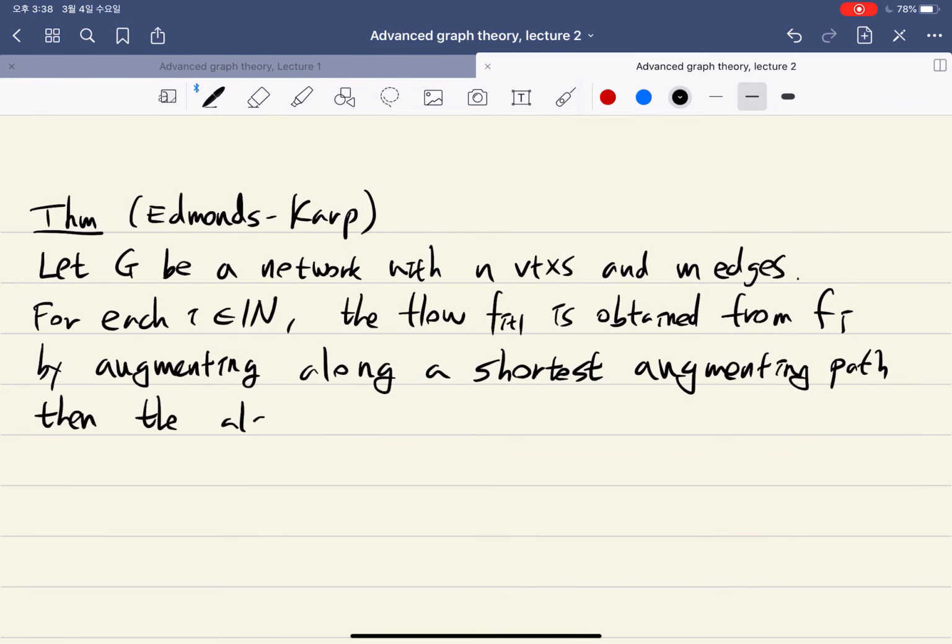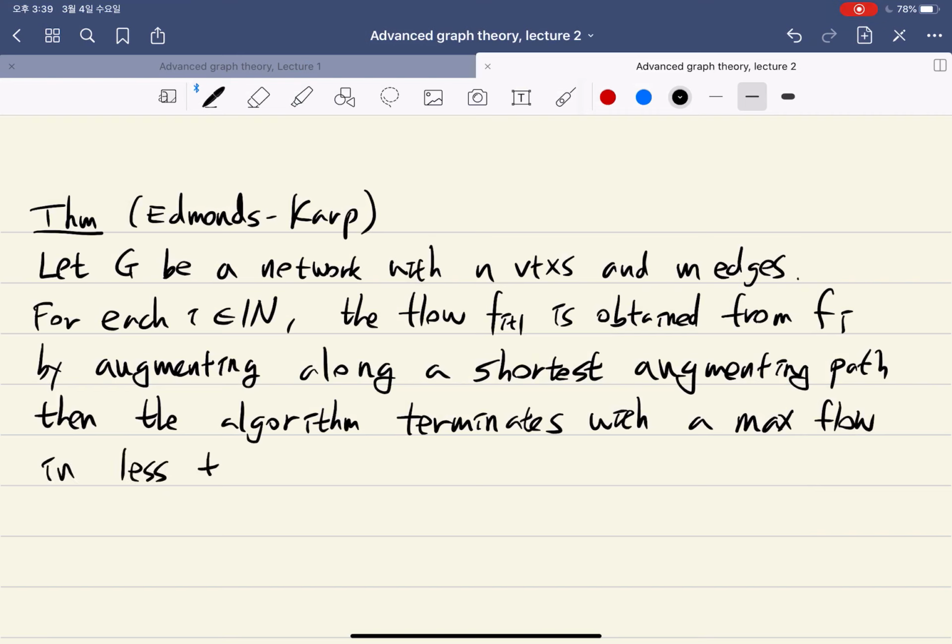Then the algorithm must terminate, and it takes less than n times m over 2 repetitions.